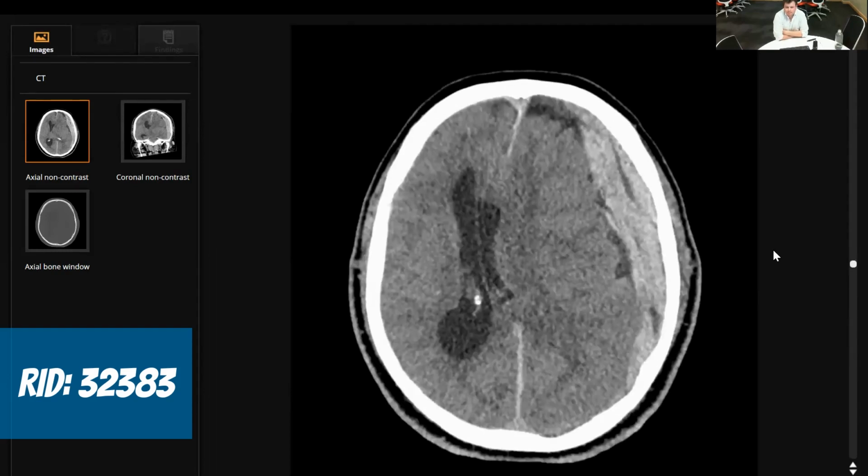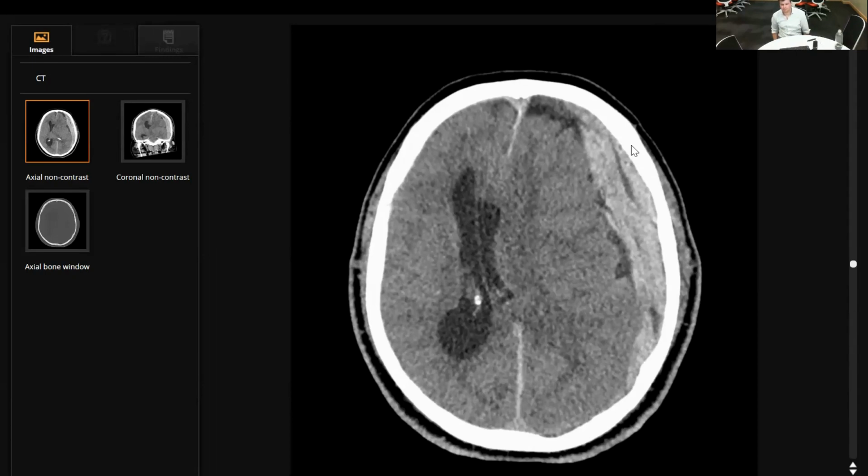you can see there is extensive extra-axial collections over the left cerebral hemisphere with mixed attenuation, some linear low density within that. And there is midline shift to the right side and a complete effacement of the left cerebral hemisphere and also the left lateral ventricle.